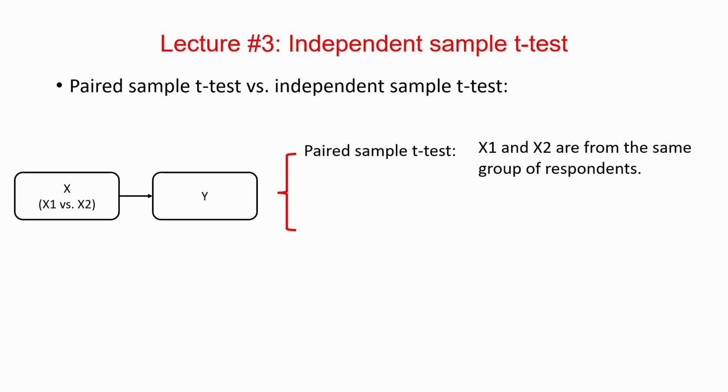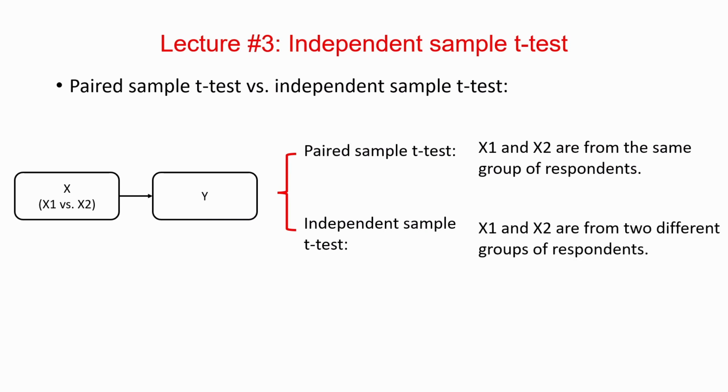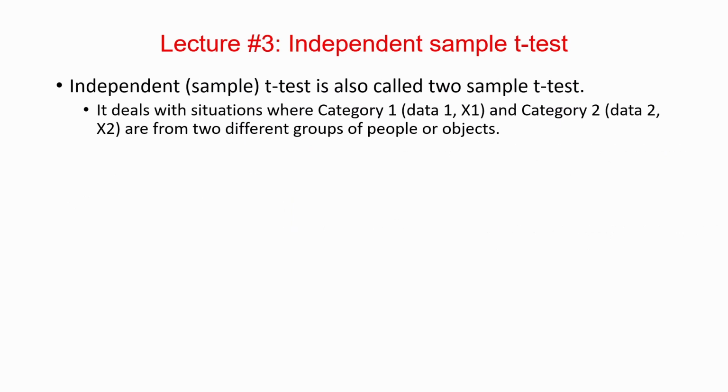So for instance, earlier we tested reading and writing scores from the same group of students. In contrast, the independent sample t-test is for the situation where x1 and x2 are from two different groups of respondents. So the independent sample t-test is also called the two-sample t-test.